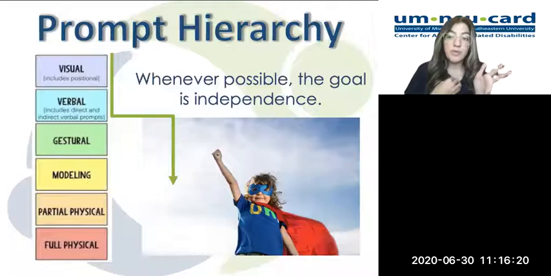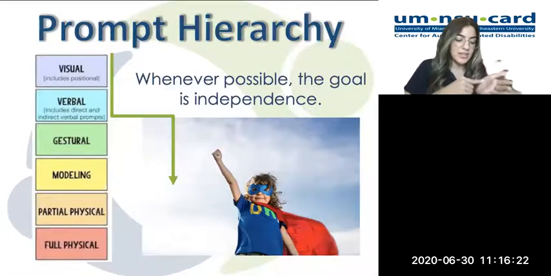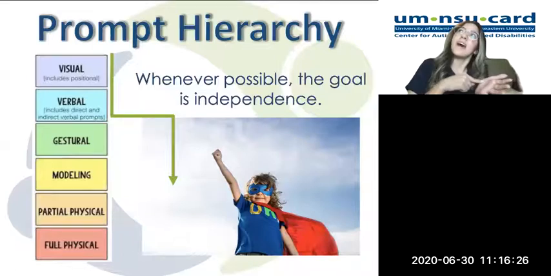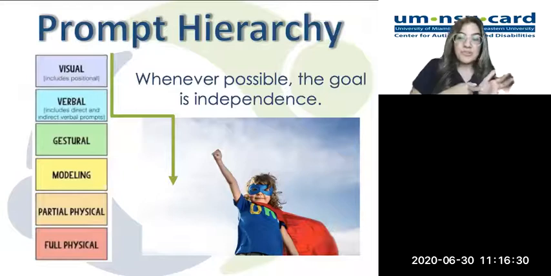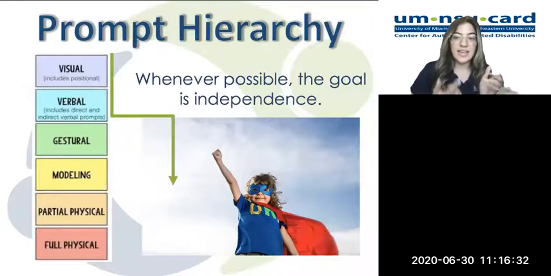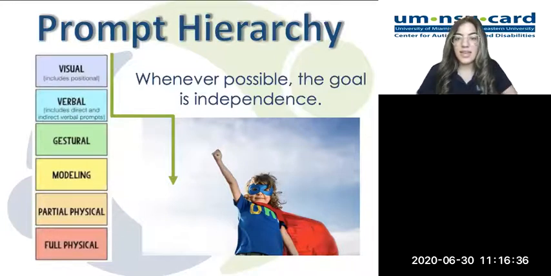So when I try to hold back on that prompt, what we see is the child saying, I want, I want, I want, while looking at you because they want you to say it. They don't understand that them saying it is enough. So we get kind of stuck in that never-ending loop.